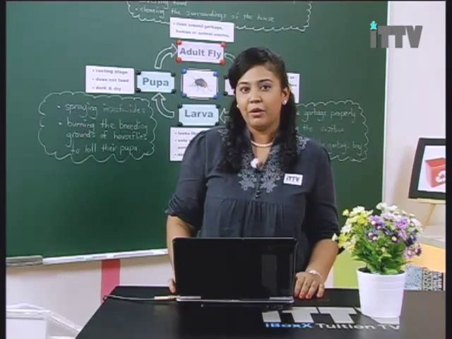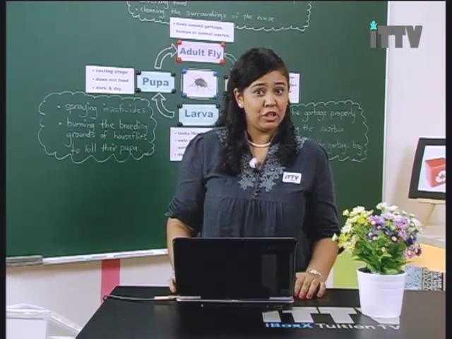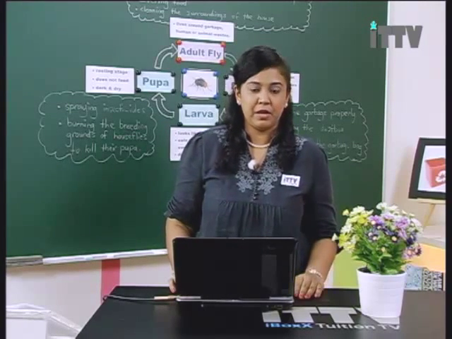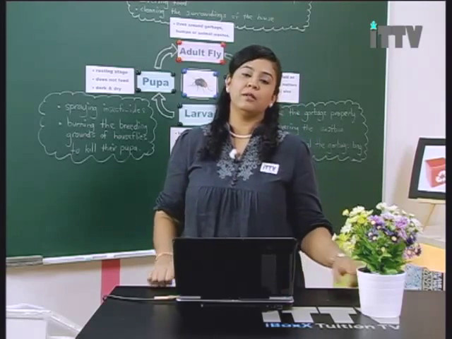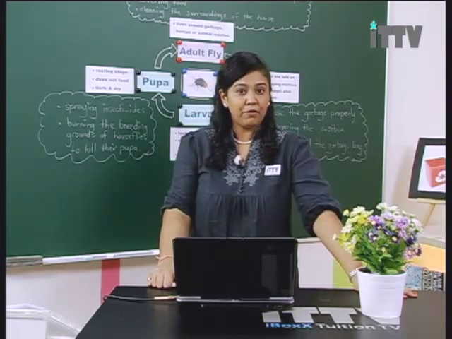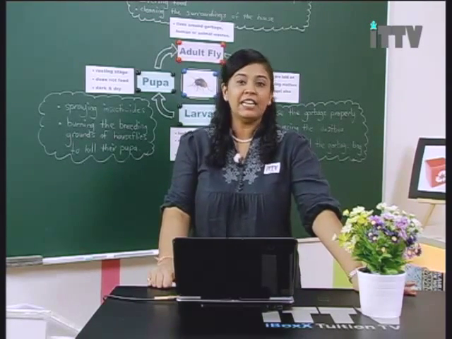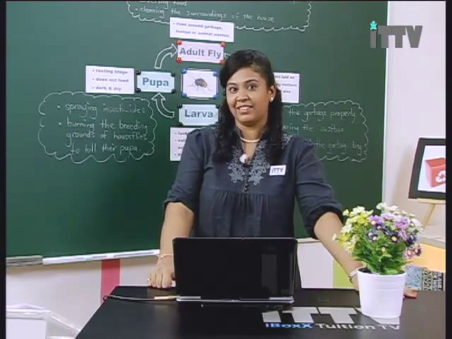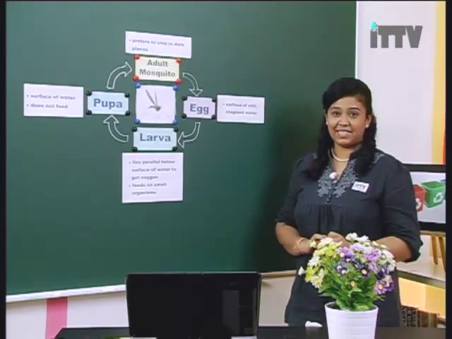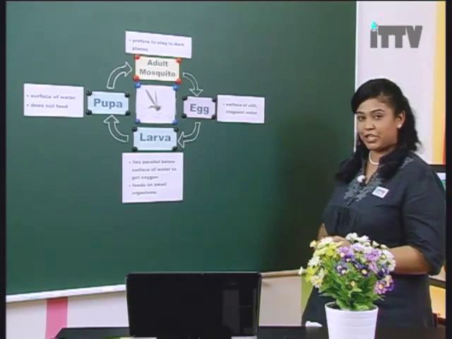Not only malaria, we also have dengue fever due to mosquitoes. So let's look at the life cycle of a mosquito. But before that, let's go to the board and learn about this mosquito's life cycle. From here, we can see the life cycle of the mosquito.